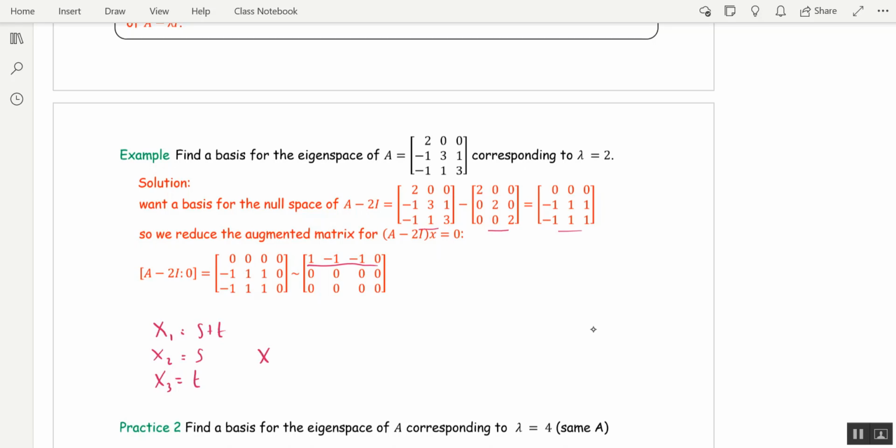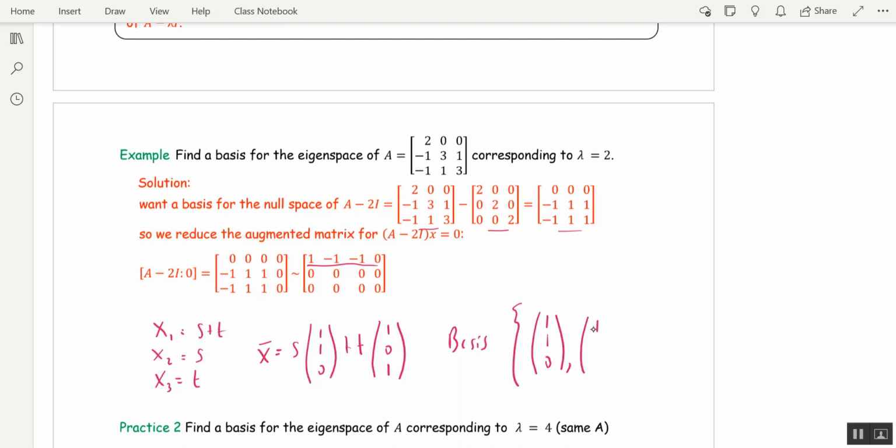So my solutions look like x bar equal s times (1, 1, 0) plus t times (1, 0, 1). So a basis for the null space of A minus 2I is the vectors (1, 1, 0), (1, 0, 1). I'm going to name these V1 and V2 because I'm going to reference them in a minute.